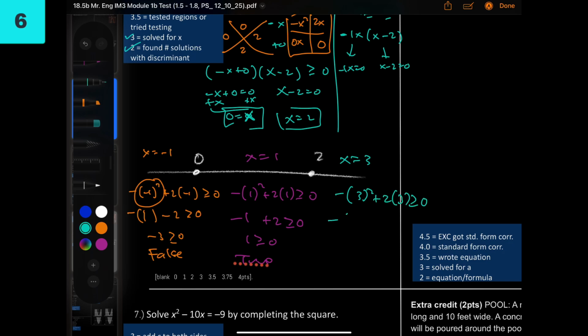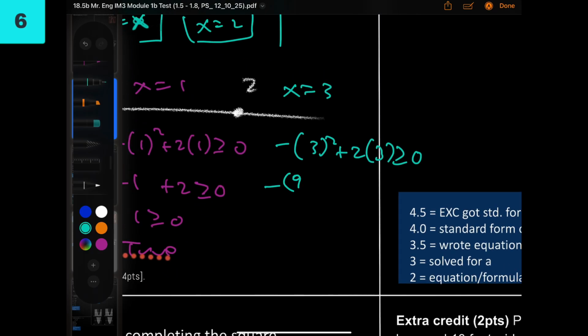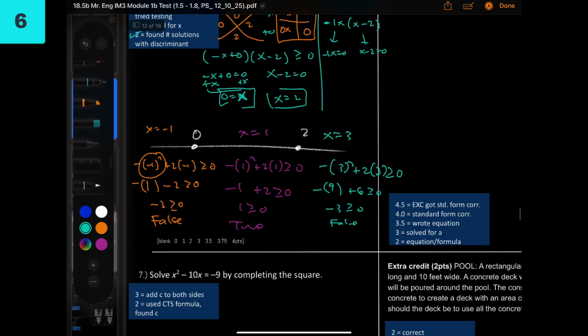Notice here I'm doing again the PEMDAS or exponents, which give me 9. And this would still give you the -3, which is false. So that means in the blue, don't shade this one, don't shade this one. We want this region right here.